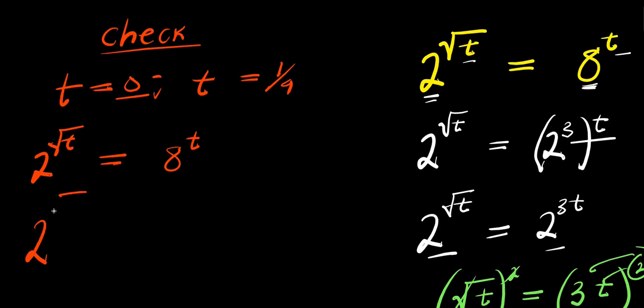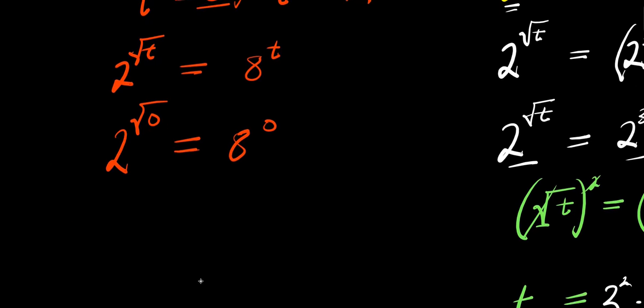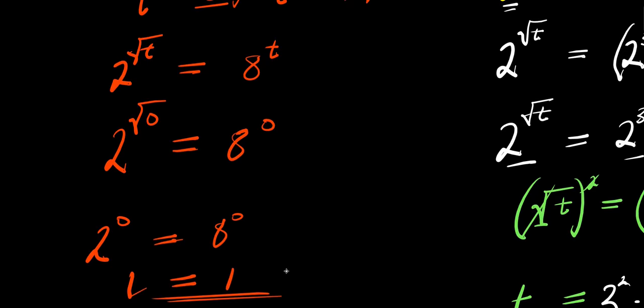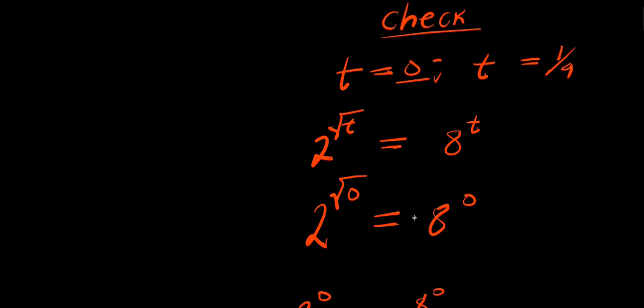I have 2 power square root of 0 equals 8 power 0. And square root of 0 is 0. So this is 2 power 0 equals 8 power 0. Now any number raised to the power of 0 is 1. So 2 to the power of 0 is 1, and this equals 8 to the power of 0, which is 1. That one is solved right there.